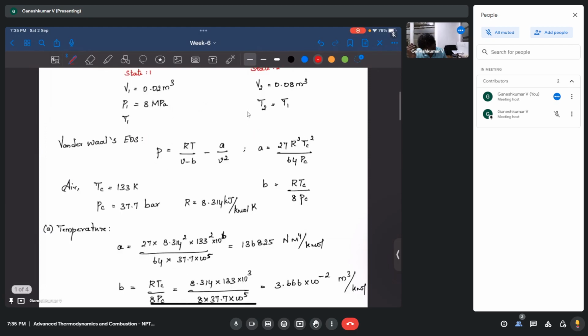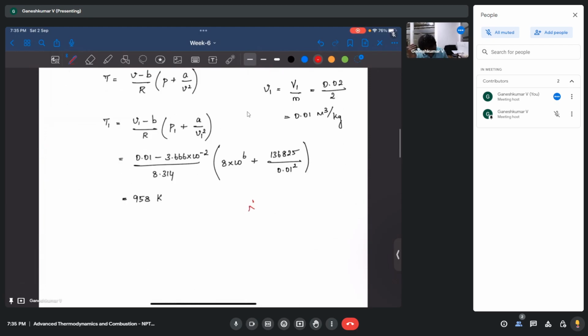Newton meter power 4 divided by kilomole square, per meter cube per kg, meter power 6, kg per meter cube per kg square, and this you can replace with Newton per meter square, which is pascals, right? Kg square by kilomole.